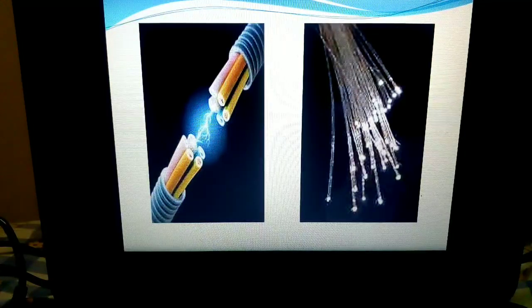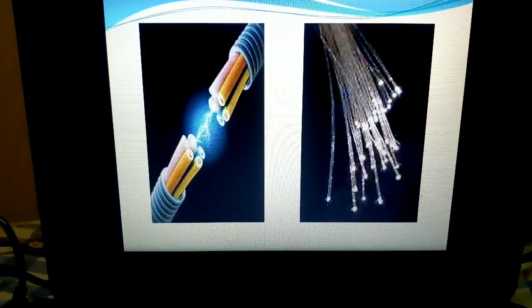Now, when we have the twisted pair and the coaxial cable, what is the need of using fiber optics? It is because it provides a very high bandwidth. Because of this very high bandwidth, fiber optics has become very popular, and it can have data rates up to 100 gigabits per second.